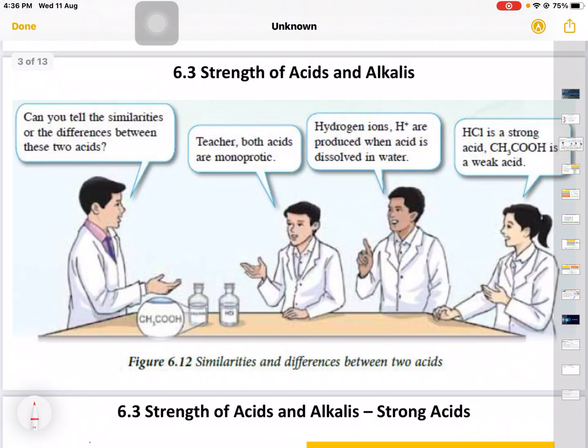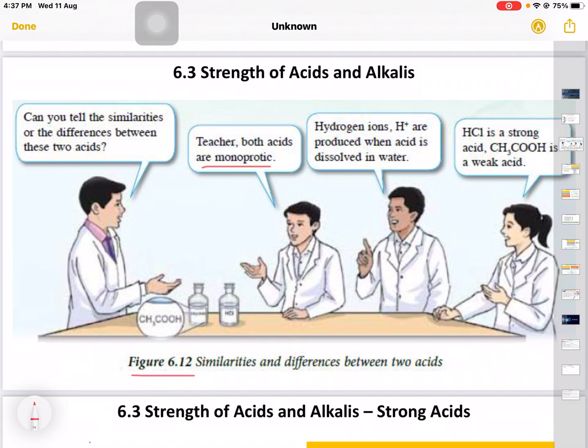Okay, so before we start, look at this conversation, figure 6.12. The teacher asked the students about the similarities and the differences between these two acids. One student said both acids are monoprotic, and I hope you already know monoprotic is one molecule of acid produces 1 mole of hydrogen ion.